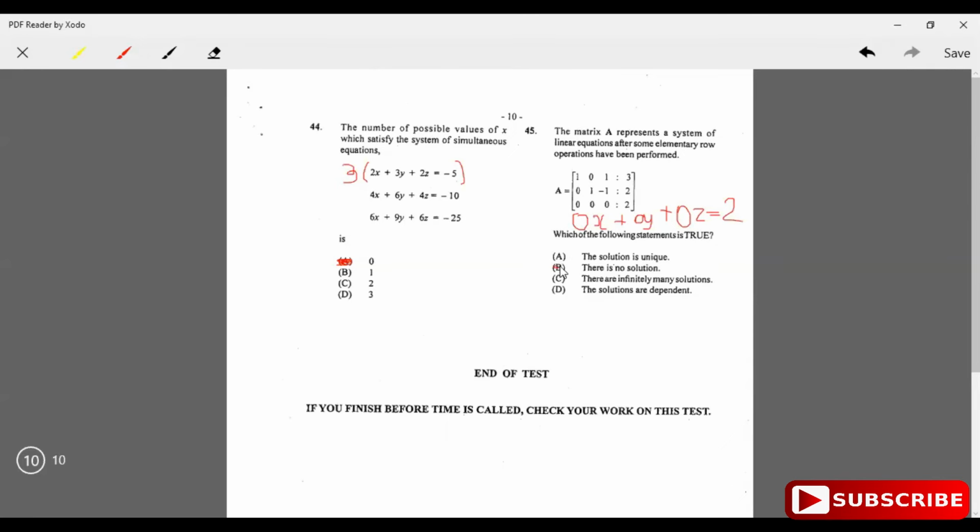What if a 0 was replaced with the 2 in the last row? Then there would have been infinitely many solutions. So there's no solution right here. Yeah, my fault right there.